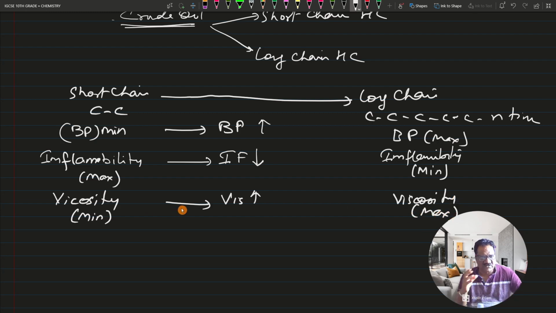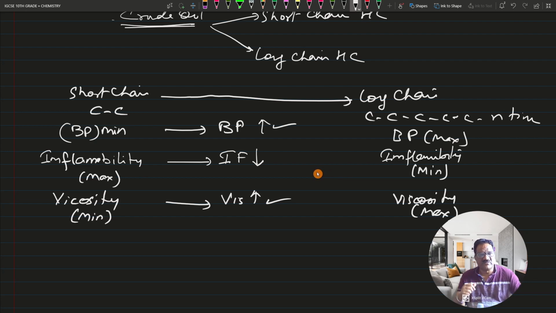Viscosity means as you go from shorter chain to the longer chain, the compounds will become thicker and thicker. The viscosity increases as you go from short chain to long chain. Boiling point increases as you go from short chain to long chain. Inflammability decreases as you go from short chain to long chain.